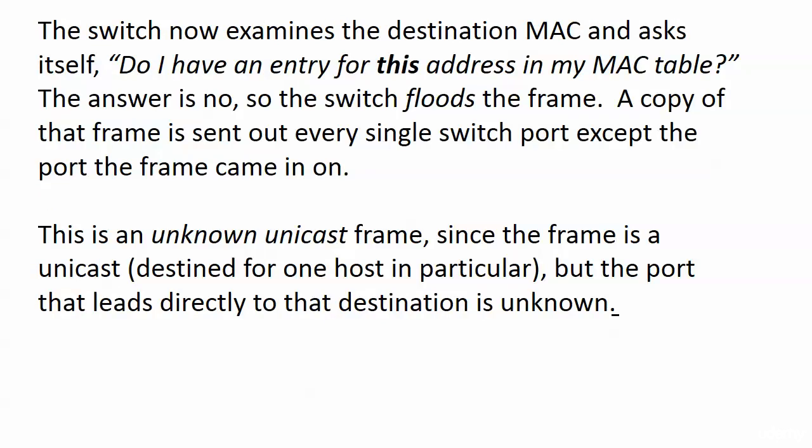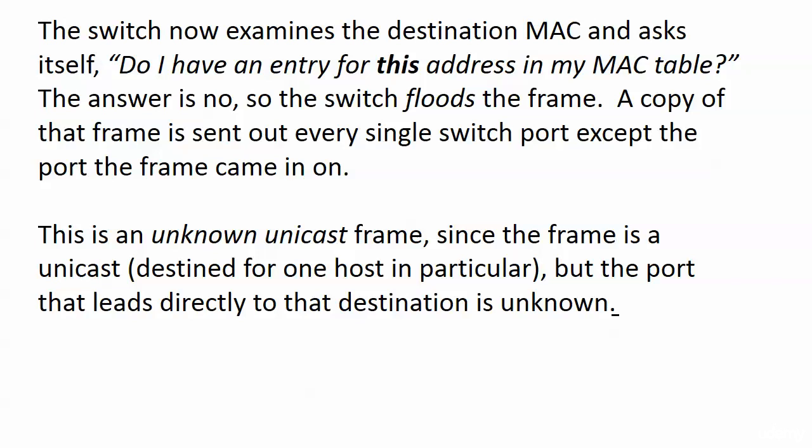When this decision comes up, the switch looks at the destination MAC address and says to itself, do I have an entry for this address in my MAC table? And the answer still here is no. So the switch in this case would flood the frame. A copy of that frame is going to be sent out every single switch port except the port the frame came in on. And this is not an unusual case.